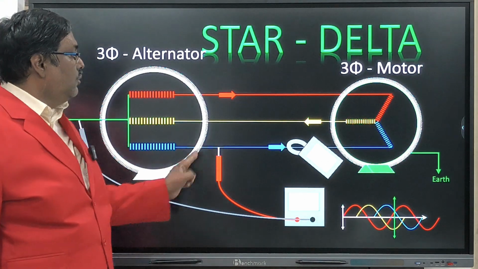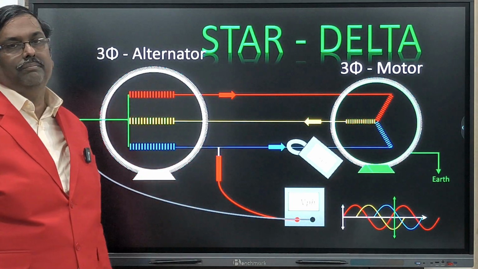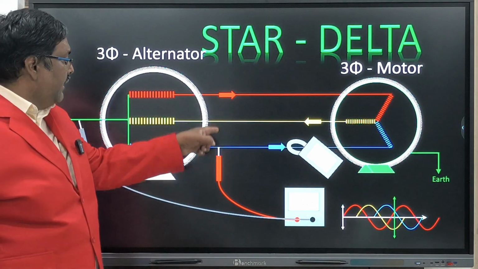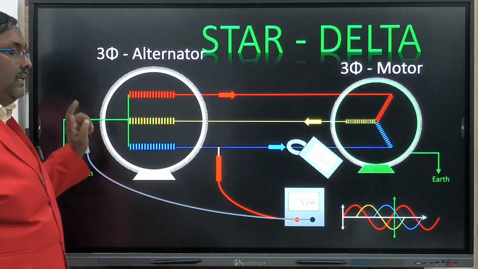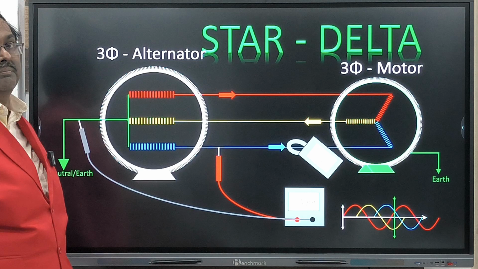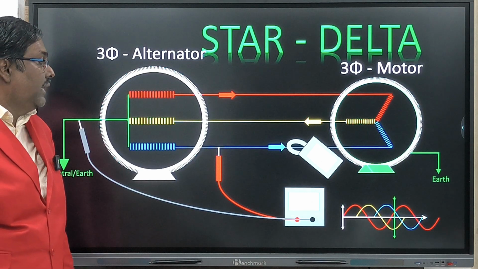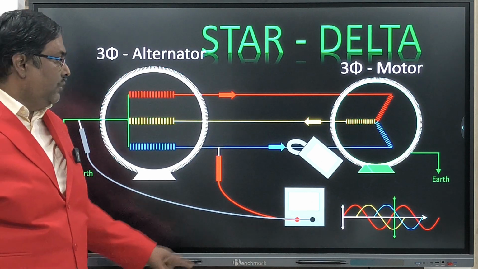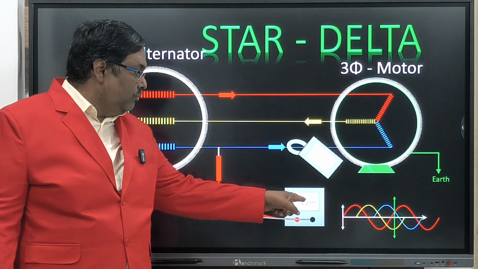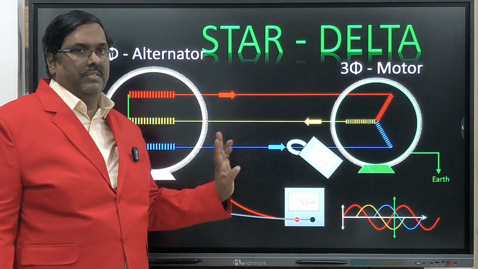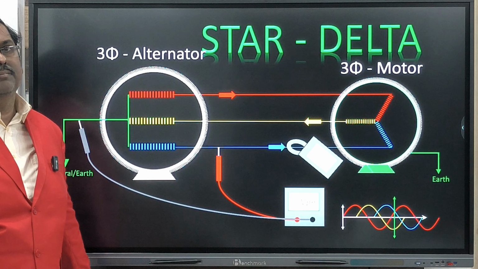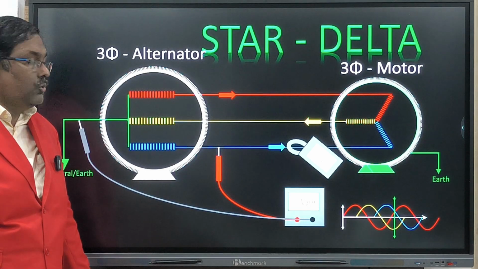This phase voltage times root 3 is the line voltage that has come. So between any phase terminal and the neutral point, you will get phase voltage. I already told you, for phase voltage we have to mention PH. If you are not mentioning anything, just V, that is a line voltage. This is all standard. So you should not get confused.